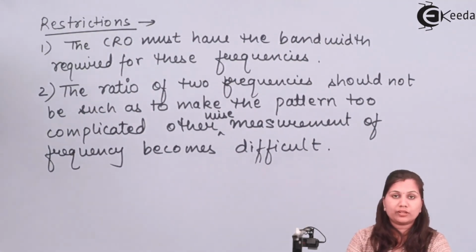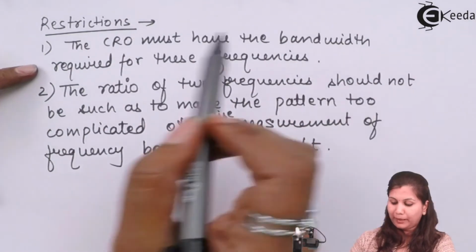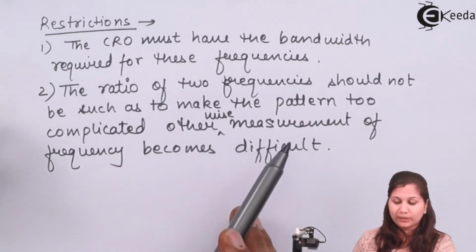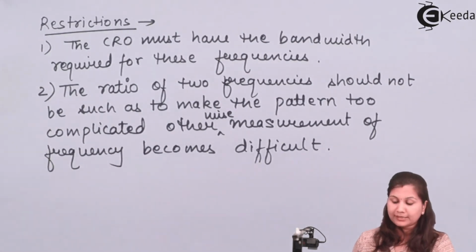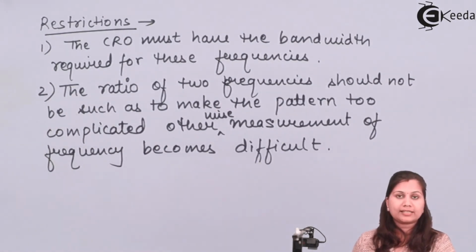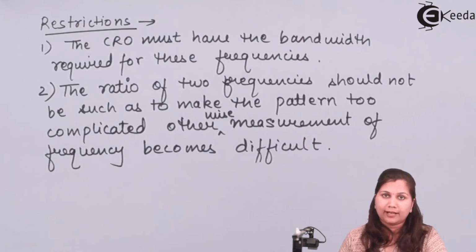There are two restrictions in this method. First, the CRO should have the bandwidth required for these frequencies. Also, the ratio of the two frequencies should not be such that we get a very complicated Lissajous pattern. If the Lissajous pattern is very complicated, the measurement of the frequency becomes very difficult. So these are the two limitations of this method of measuring frequency with the help of the CRO.